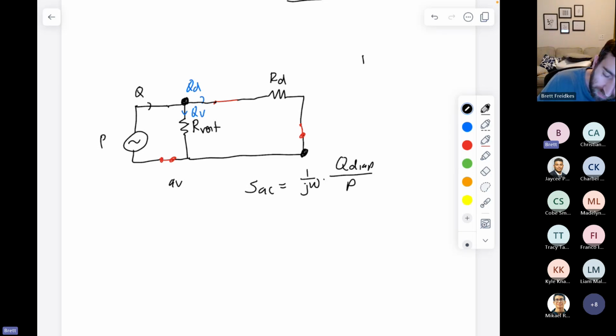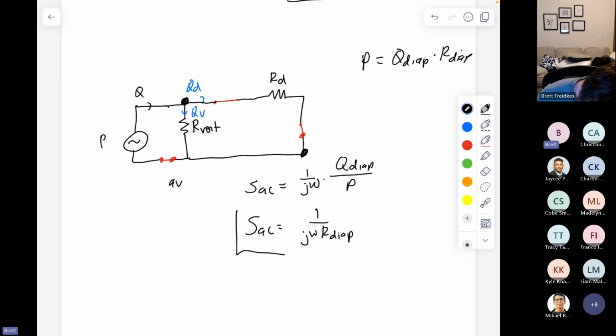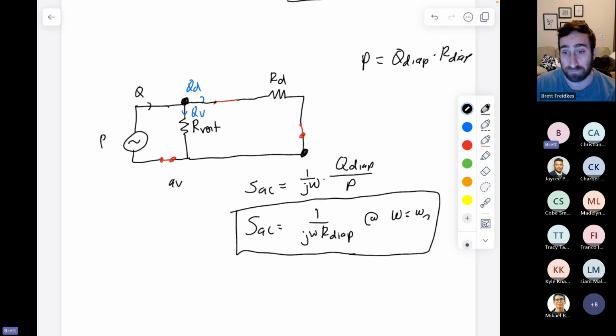We know that P has to be Q diaphragm times R of the diaphragm. So that means that Q over P ends up being 1 over R. So our acoustic sensitivity is just 1 over j omega R of the diaphragm. This is at omega equals omega n.